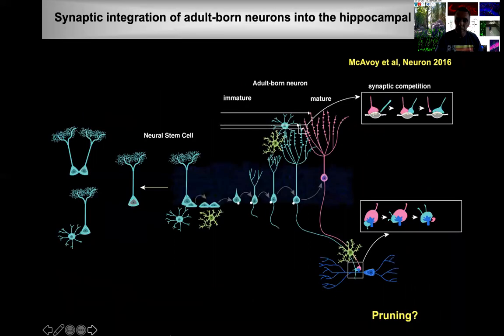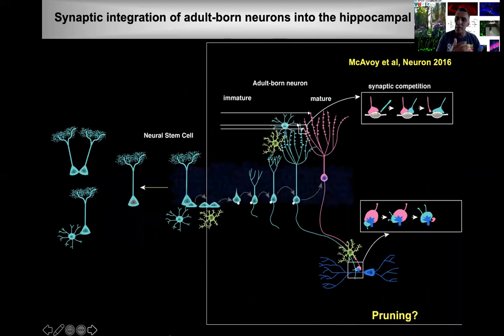As I said earlier, we're also very interested in the circuit mechanisms that govern the integration of adult-born neurons into the hippocampal circuit. A few years ago, we identified a role for synaptic competition in governing the extent to which these young adult-born neurons have to compete or successfully compete with pre-existing mature neurons.